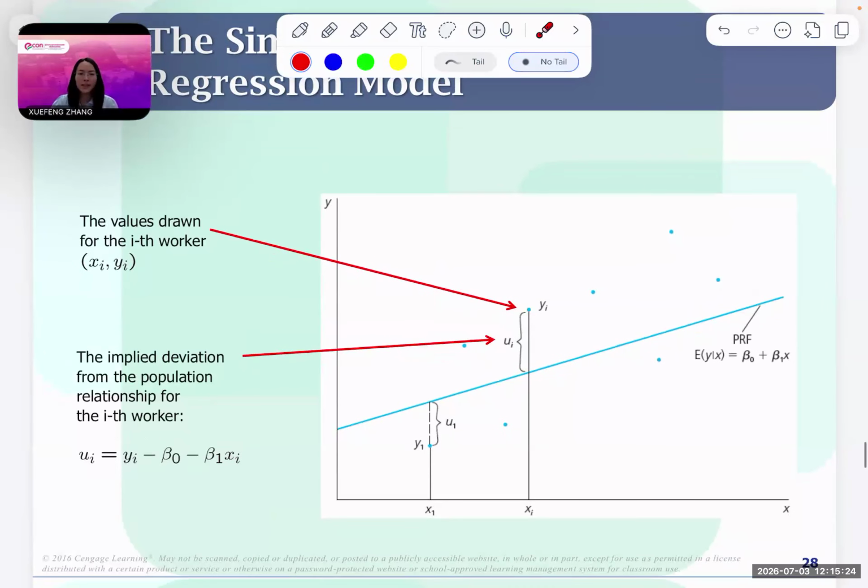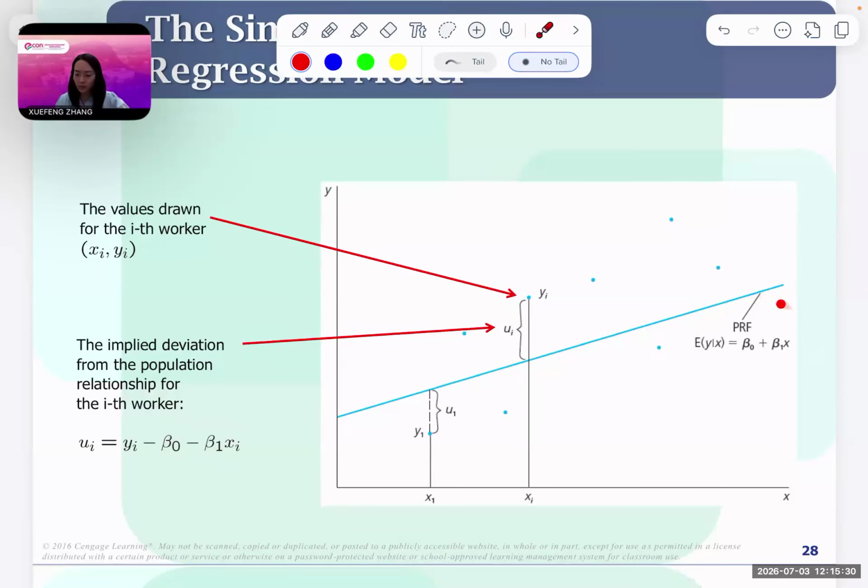So let's see the graph here. Here is our population regression function. We talked about this one before, okay? Expected y given x equal beta 0 plus beta 1 x. And here we have, suppose, this data point, the values drawn from the ith worker, xi, yi here. Because this is our data point and this is the PRF, there's a gap, which is the deviation, okay?